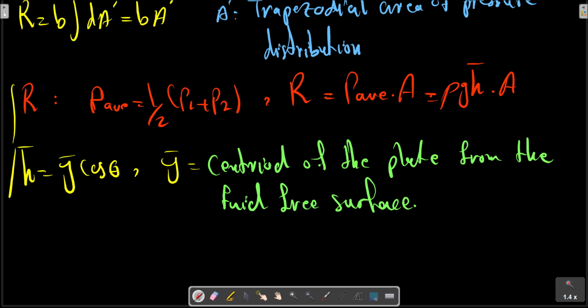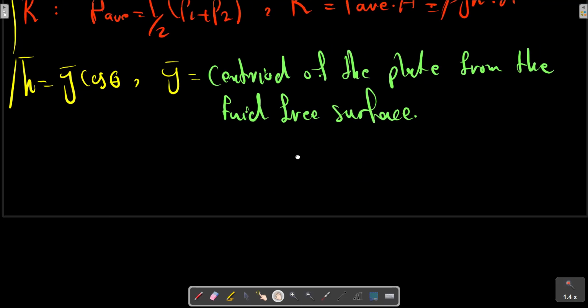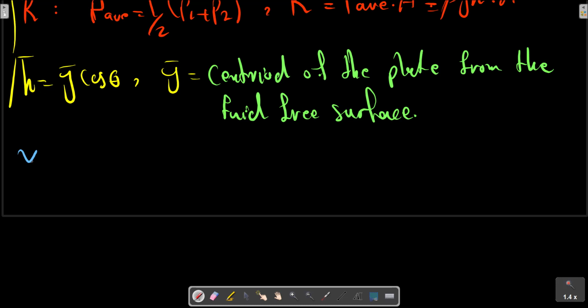We obtain the line of action of the resultant force R from the principle of moments. Using the x-axis as the moment axis, we can obtain the line of action, the point of action, y bar, of the resultant.